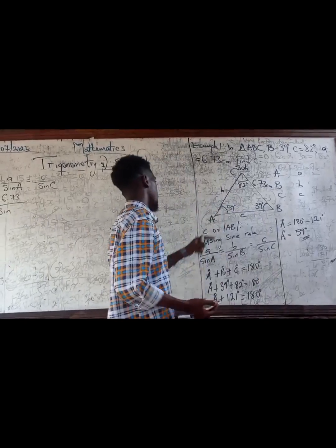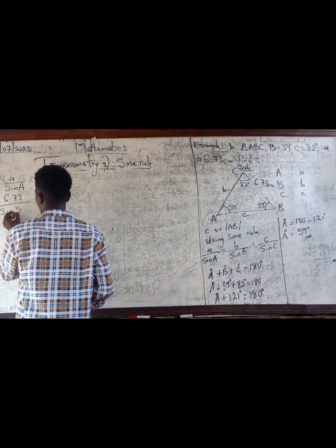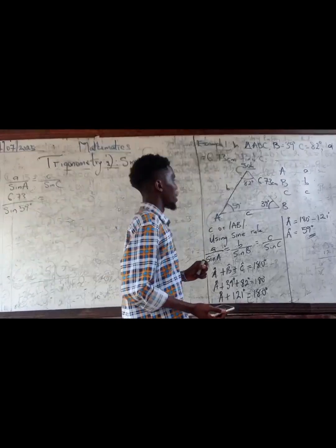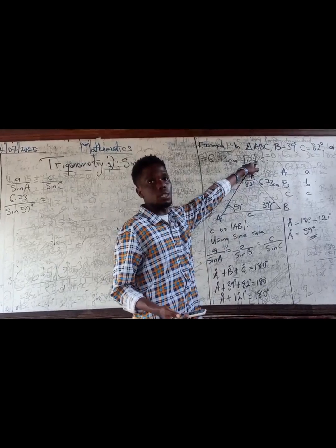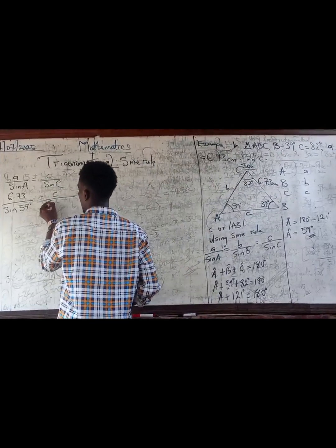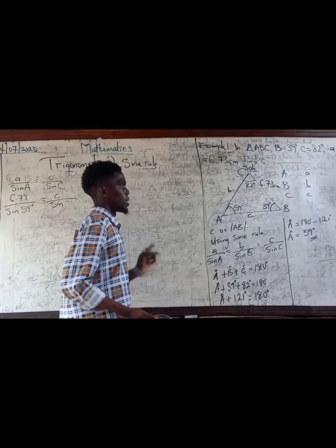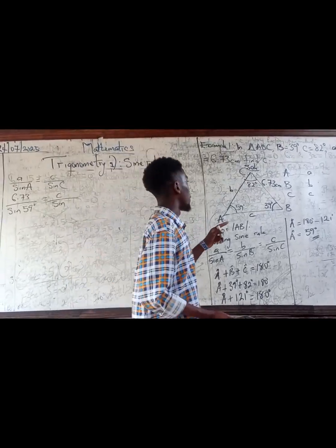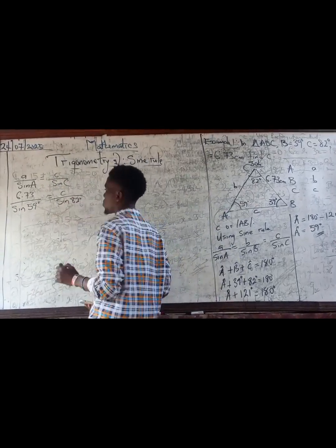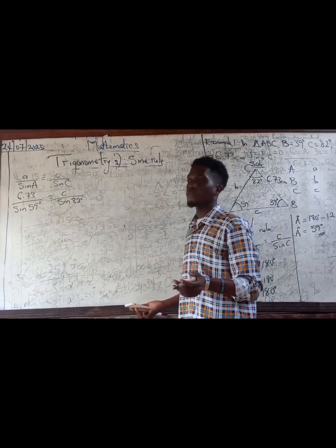So the angle here is 59 degrees, is equal to C. Obviously, we don't know that because that's what we are asked to find. So I'm going to place this as C over sine of the capital letter, which is the angle itself, 82 degrees. So at this point, what do we do from here?